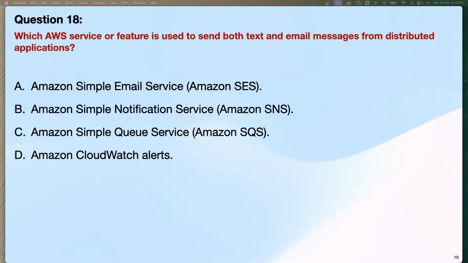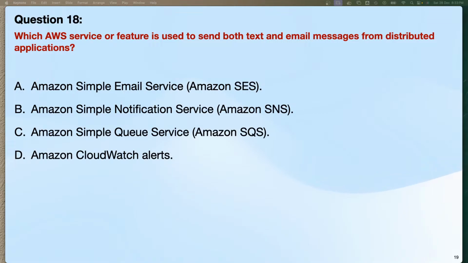Is it Amazon Simple Email Service, SES, or Amazon Simple Notification Service, SNS, or Amazon Simple Queue Service, SQS, or Amazon CloudWatch Alerts? CloudWatch Alerts itself cannot send an email or a text message, so it's taken out. Option C, SQS, is a queue based service like Apache MQ or IBM MQ. It's a queue service, so C is not the option here.